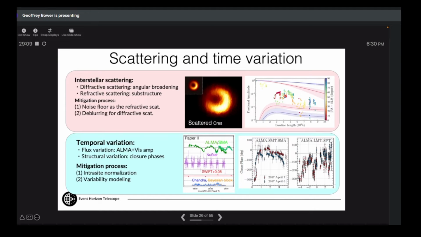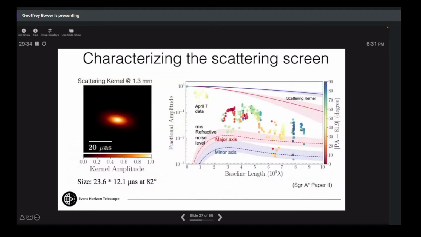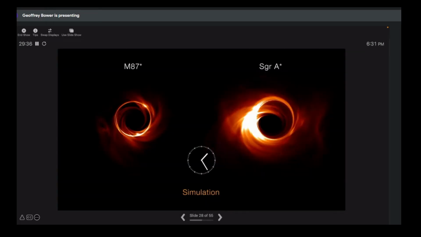So over a 24-hour period, we see very obvious indication of structural changes. And that tells us that, of course, over the roughly 12-hour time period in which we're making our image, it's likely that the source itself is changing as well. And we have other ways of characterizing that variability, but that's a kind of straightforward argument for that. So I'll move on from this point.